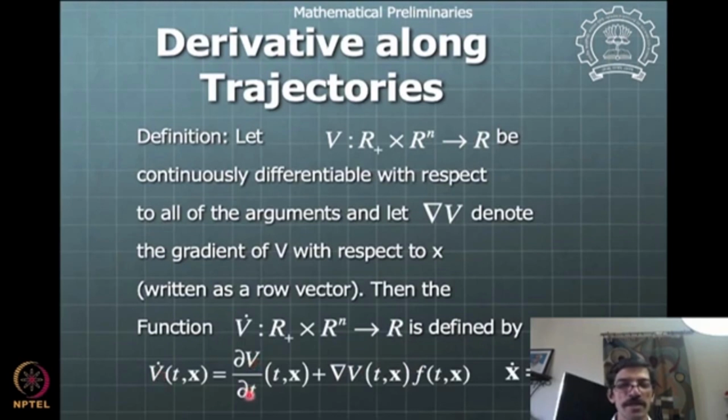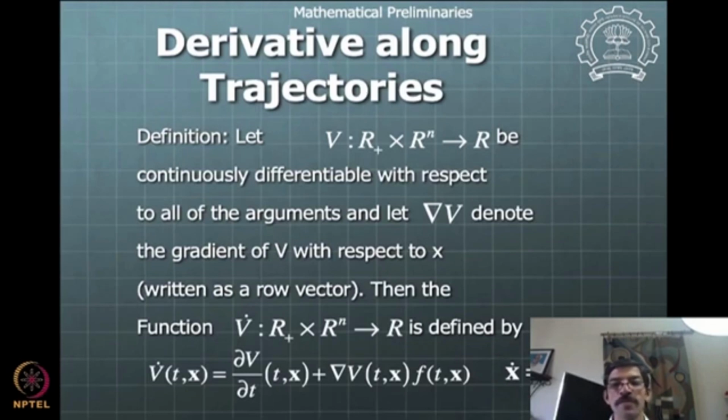So del V by del t plus del V by del x into dx by dt, and del V by del x is actually this del V, the gradient. This part is fine, but for dx by dt, which is x dot, we are substituting our system.